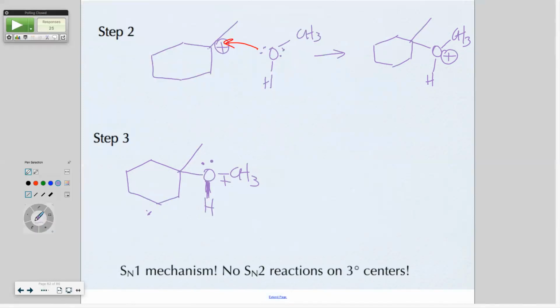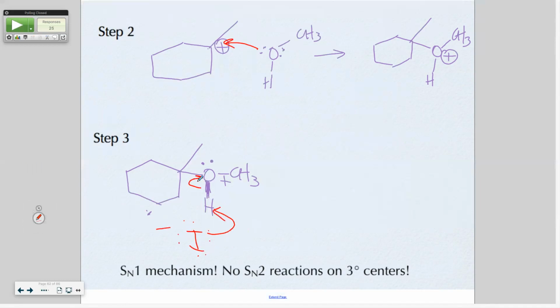All right, so what am I going to use? Iodine. You want to use iodine? Okay. So it's going to pull off the proton, and what happens to the electrons in this bond? Okay, don't forget that arrow.